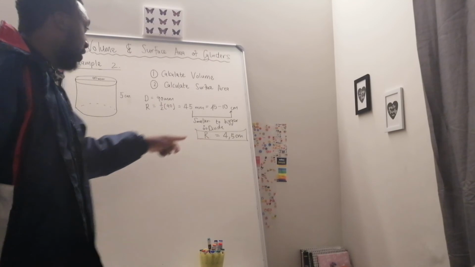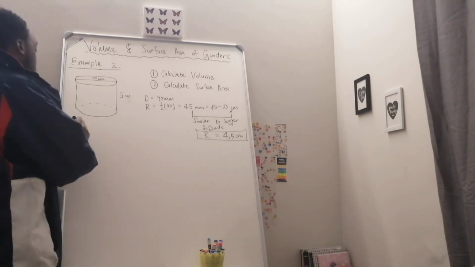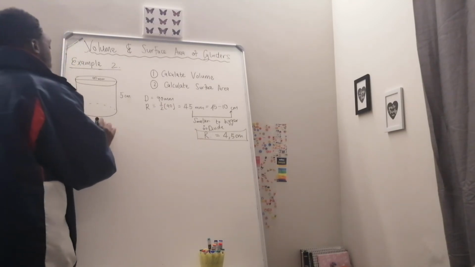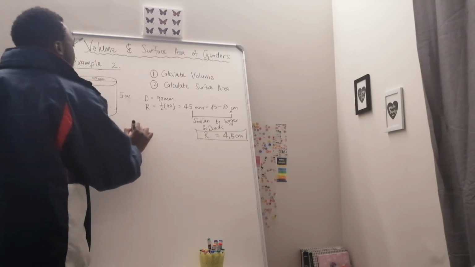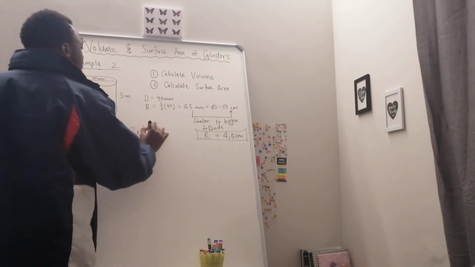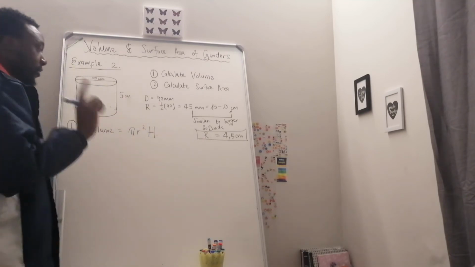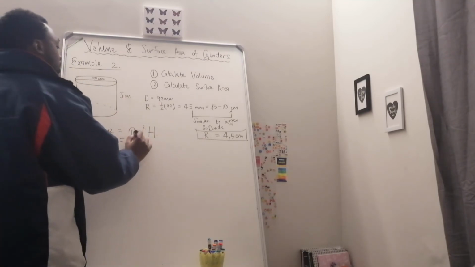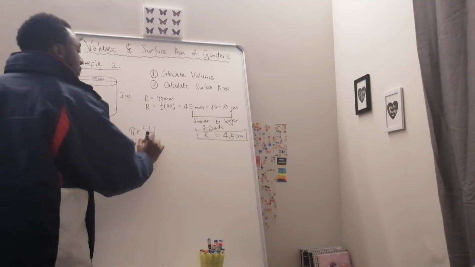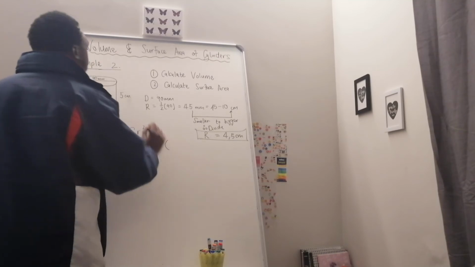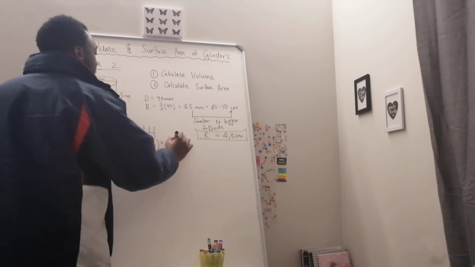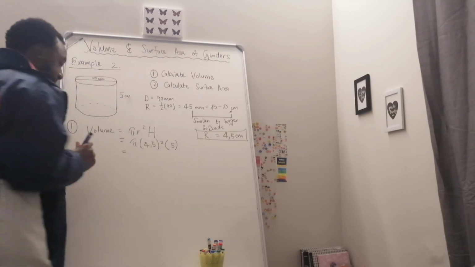We're going to use that radius. So number one, volume is equal to pi r squared times height. Remember, you just substitute 4.5 squared. My height is 5. And what do I get?